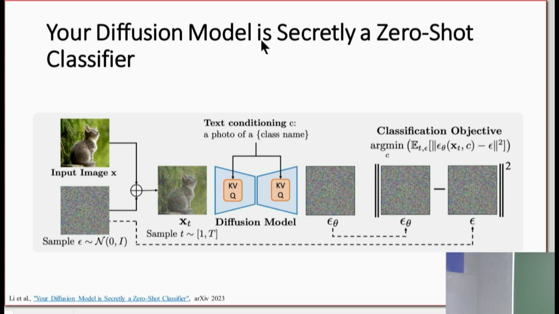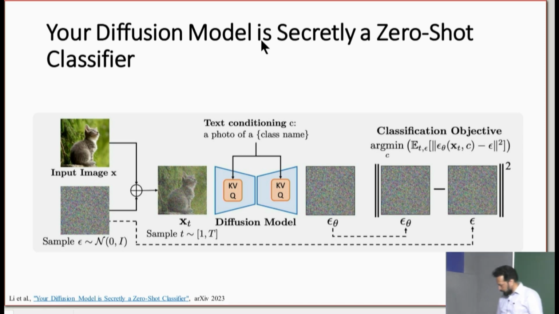The one for which the prediction of the noise matches the actual noise, you say that is the class. So you do the argmin over C there. You keep generating these epsilon theta predictions for different class labels, and the one for which it is minimized is your prediction.